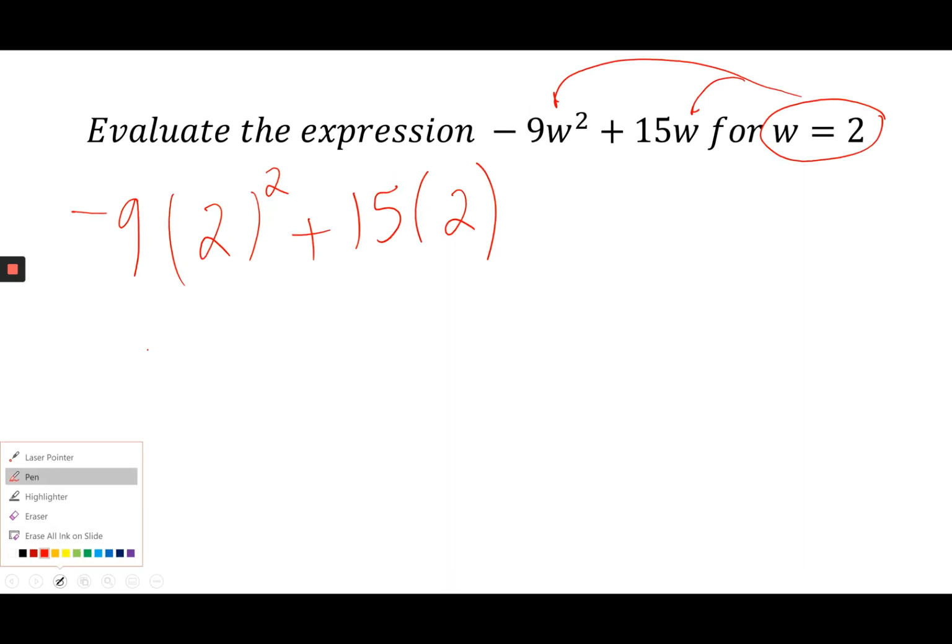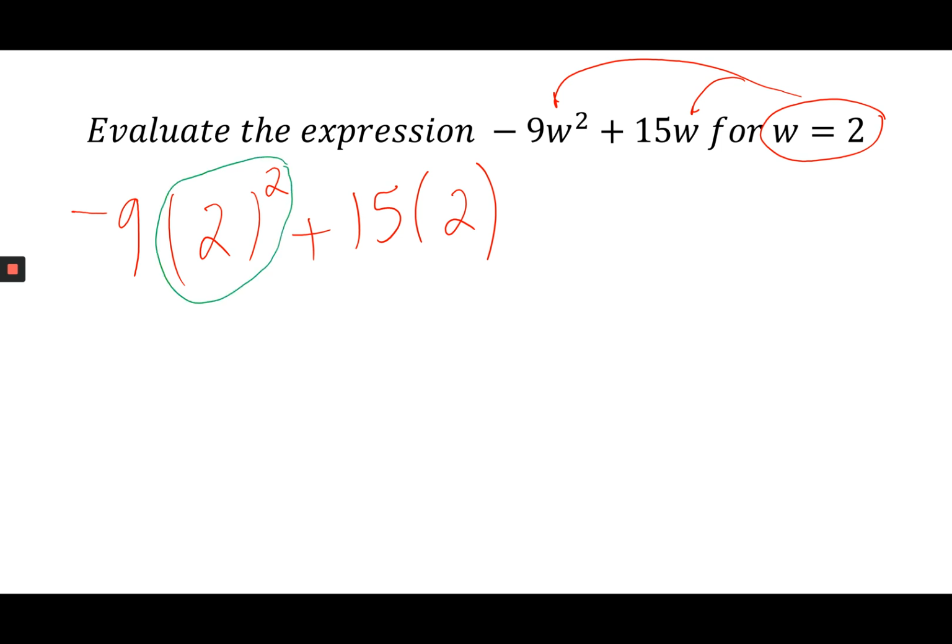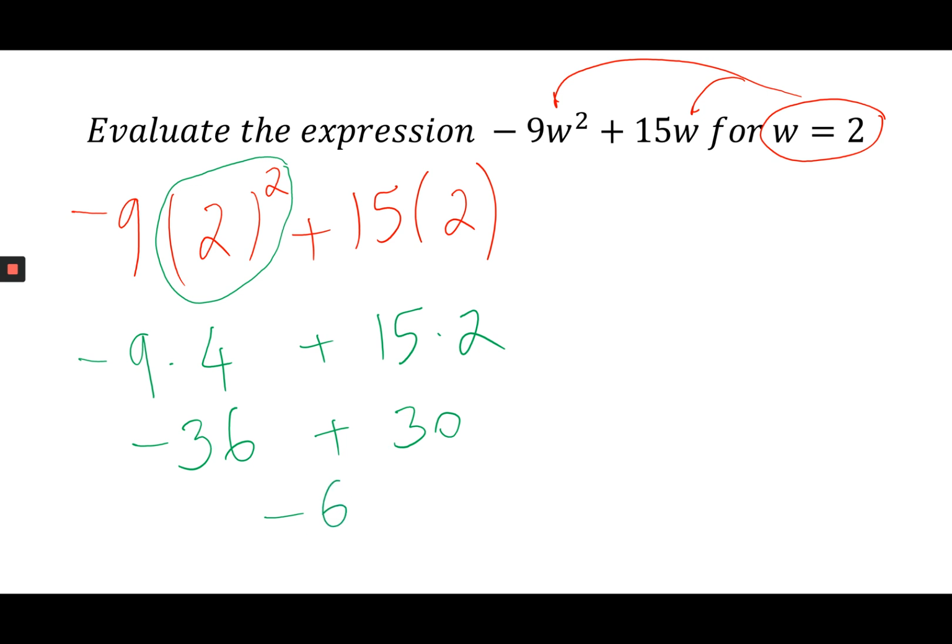So let me rewrite that. Negative 9 times 4 plus 15 times 2. Multiplication first. Negative times positive is negative, so I have negative 36 here. And then positive times positive is positive 30. When the signs are different, we just look at the bigger absolute value, which is 36, and it's going to determine the sign. The sign is going to be negative, and then 36 minus 30 is 6. Negative 6 is the answer.